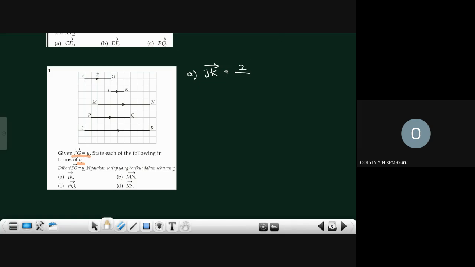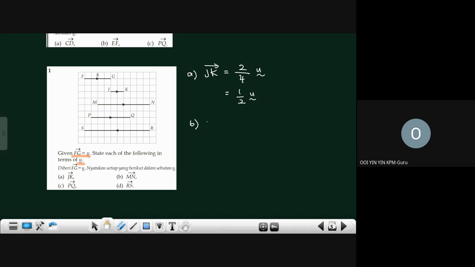How many? 4. So 2 over 4, and then the vector here is U. If you see this fraction can be simplified, please simplify it. It becomes 1 over 2 U. And then please check back the direction. FG and JK, the direction is the same, so it's positive. Done. It's 1 over 2 of your FG. So we go to question B.